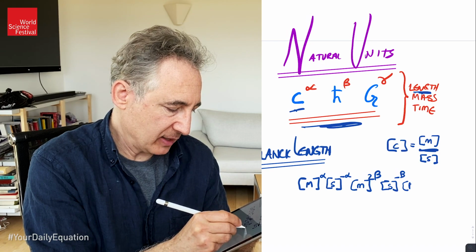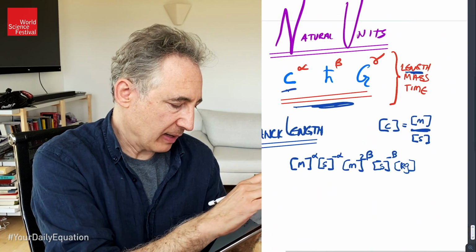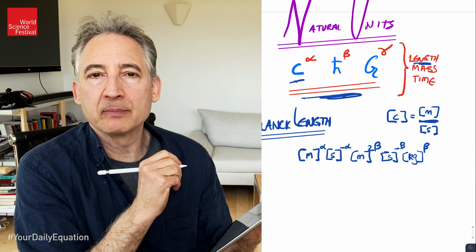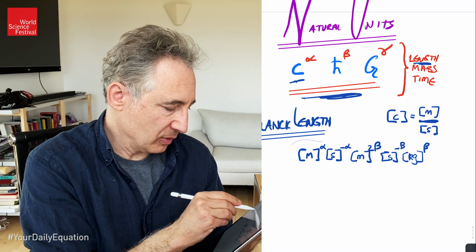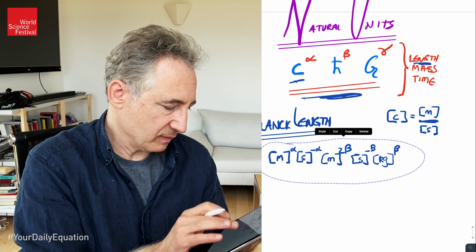And now I've got my kilograms, my mass, and kilograms is to the first power. So if I do an h bar to the beta, I will have a kilogram to the beta. Good. All right, in fact, I'm going to give myself a little bit more room here, and I'll just move that over there.